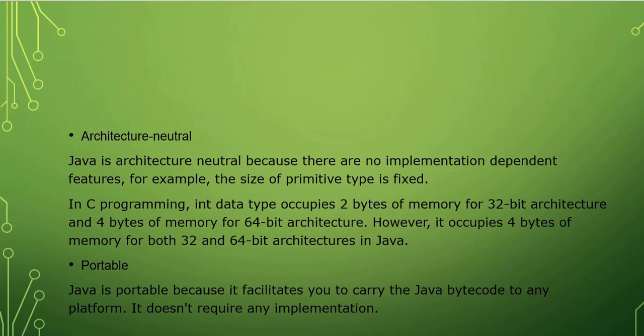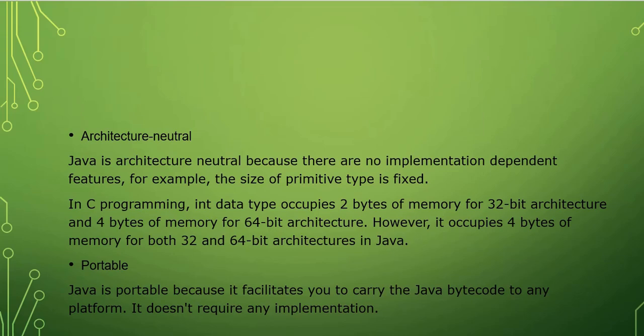But in Java language, this integer data type occupies 4 bytes of memory for both 32 and 64-bit architectures. So this type of feature is called what? Architecture neutral.